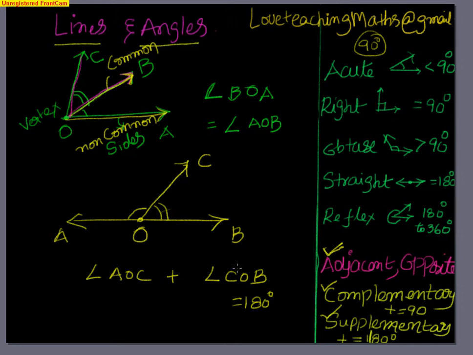So which leads to an important conclusion that if a ray stands on a line, then the sum of the two adjacent angles equals 180 degrees.